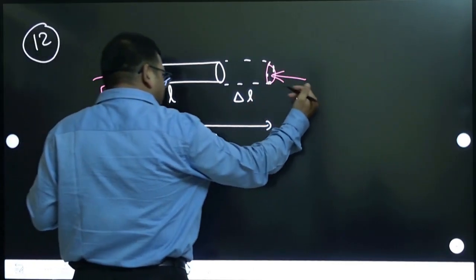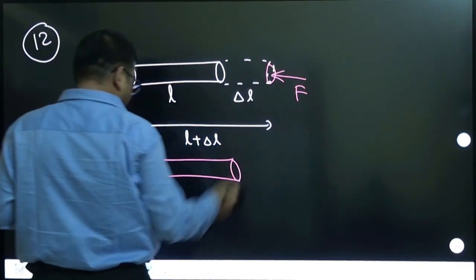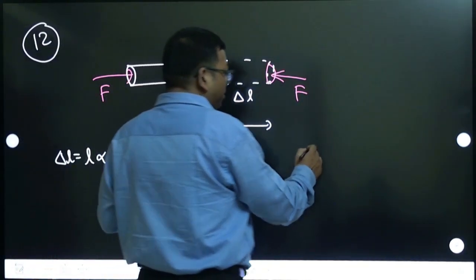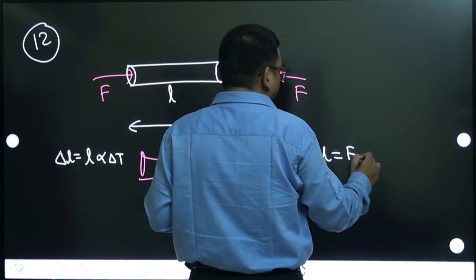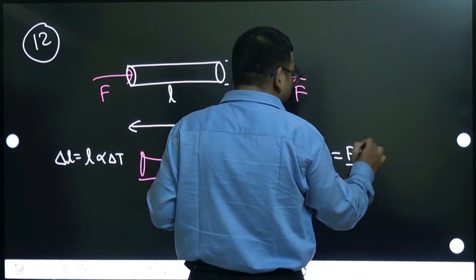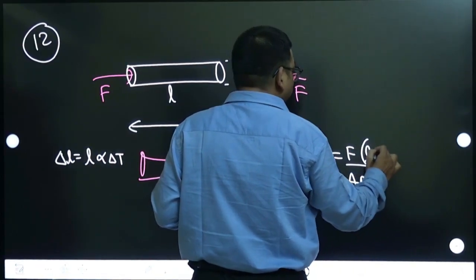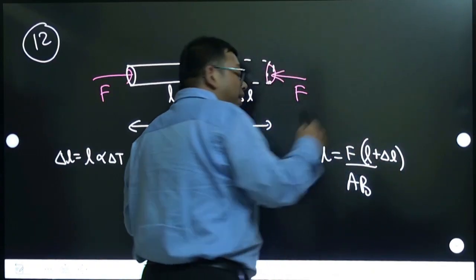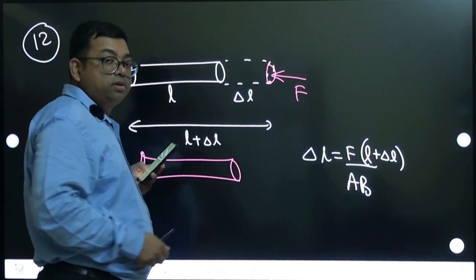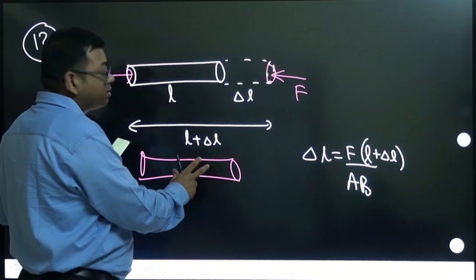So by compression, you will be putting a change of length as delta L. So this delta L is FL by AY. But here you note that this length which you are taking is the final length, because you are starting compression from the final position and bringing it to the original length.